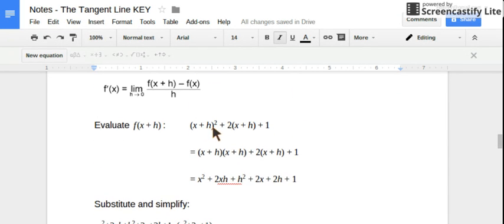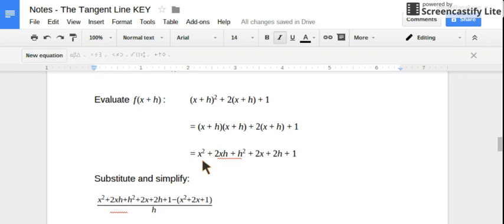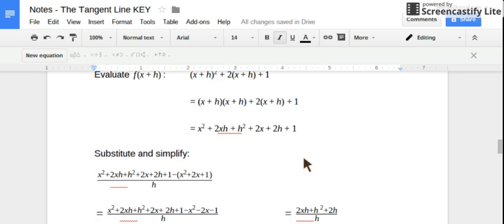So (x + h) squared plus 2 times (x + h) plus 1. Break this apart and FOIL it, or distribute it. Distribute this 2 inside of there, and we end up with x squared plus 2xh plus h squared plus 2x plus 2h plus 1. Big long expression there.